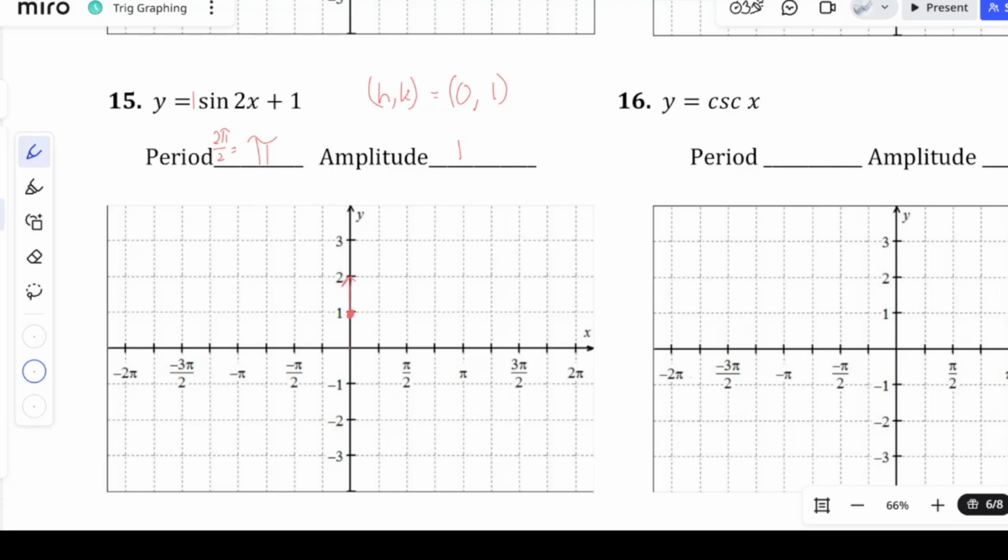Go up an amplitude, down an amplitude. I'll go over by a period. Half, quarters. Sine starts in the middle, goes high, middle, low, high.